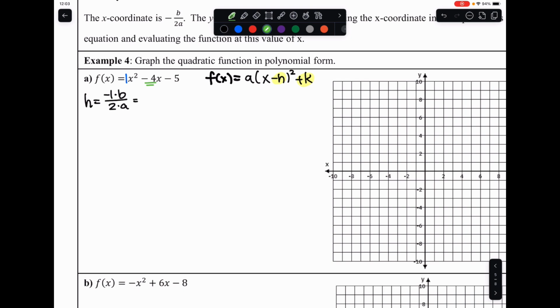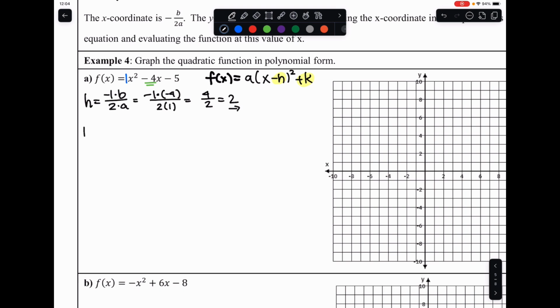So we're going to substitute those numbers into this formula. We have -1 times my b value of -4 divided by 2 times the value of a. Simplifying this gives me 4 over 2, which is 2. So that is the horizontal shift, okay? The h value, the horizontal shift, is going to be 2 units to the right. Since it's positive, it's going to move to the right 2.